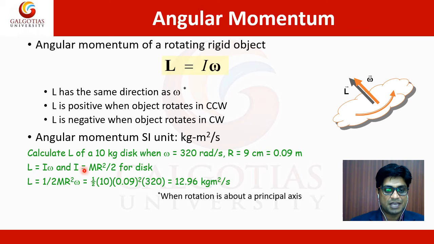For a circular disk, m r square by 2 is the equation of moment of inertia. So we put the value of I and also the value of omega, and we can solve and find the value of angular momentum. So in this way, if we know the quantities corresponding to linear motion, then we can also write the equation of angular momentum. Mathematically, it is given by L equal to I into omega.